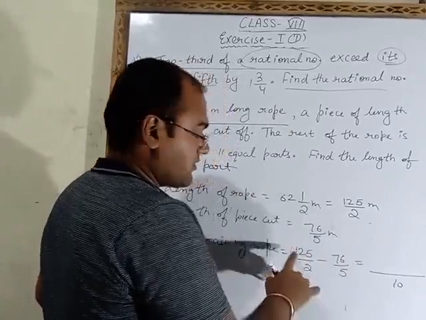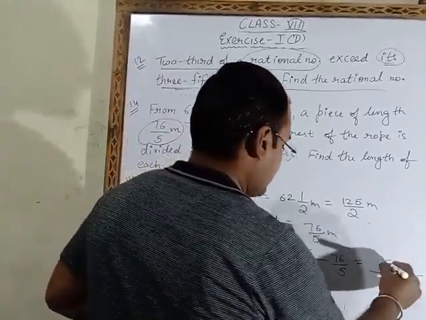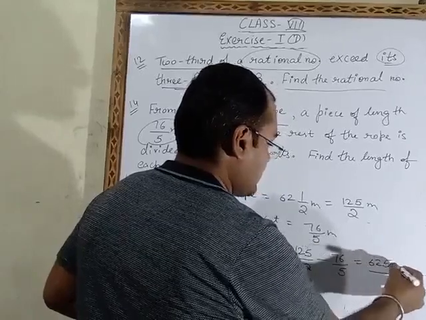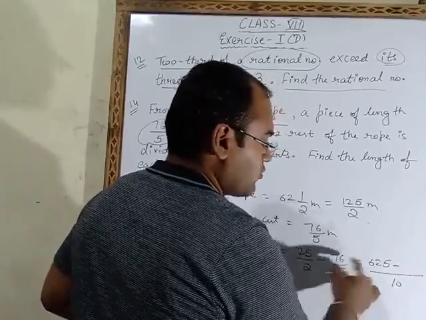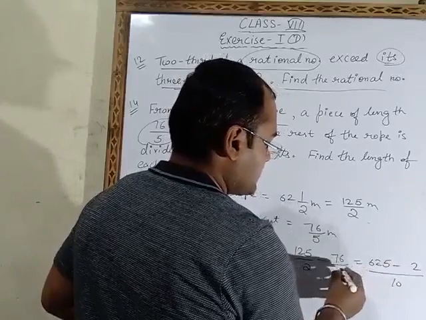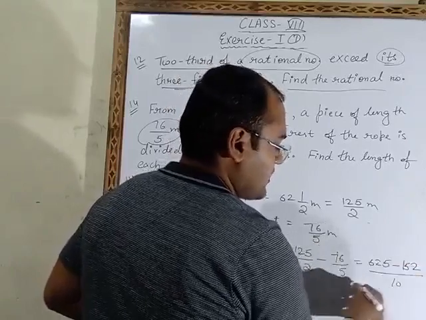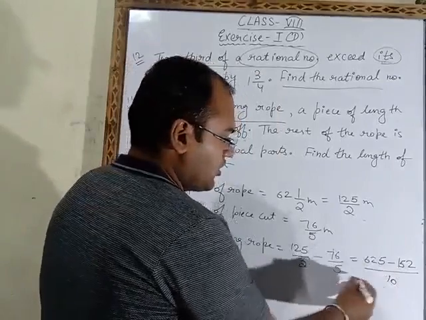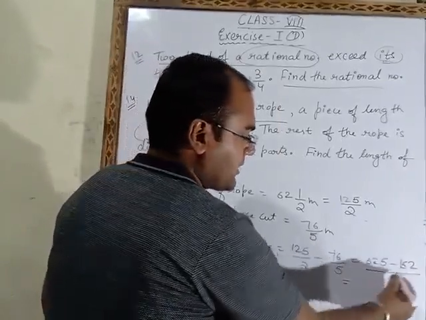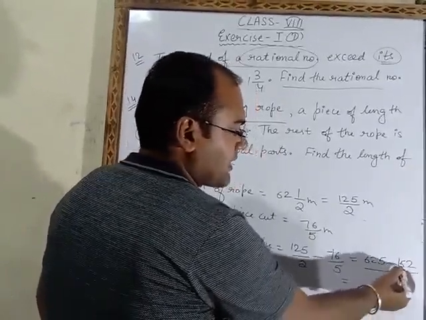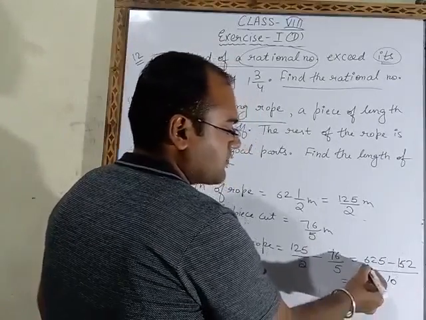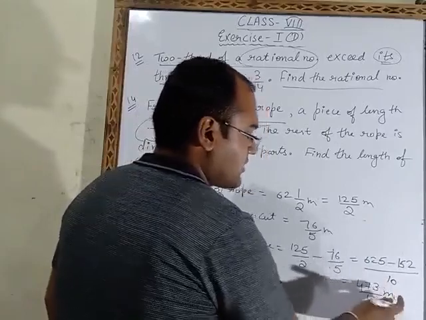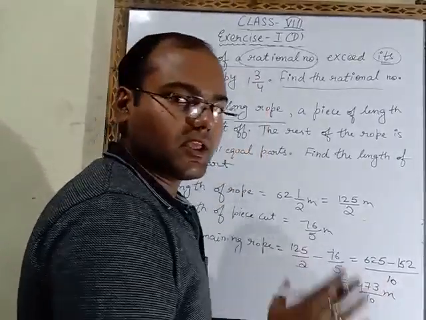Now we subtract these two numbers: 5 minus 2 is 3, 12 minus 5 is 7, 5 minus 1 is 4. So 473 upon 10 meter is the length of the remaining rope.